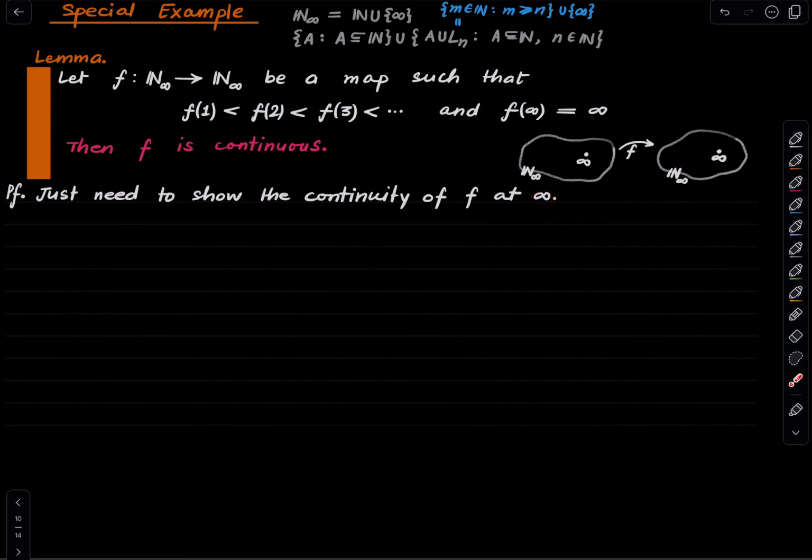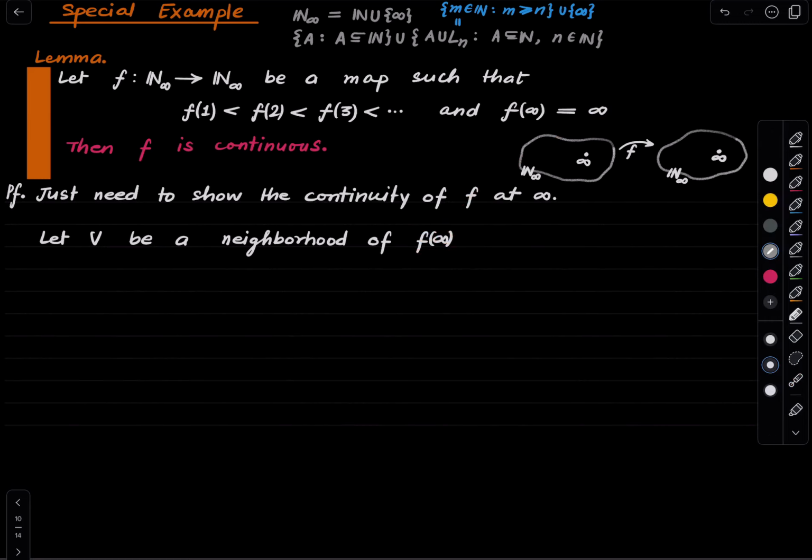Okay? So to do this, we will pick an arbitrary neighborhood of f of infinity. So let V be a neighborhood of f of infinity, but f of infinity is infinity. F of infinity is infinity, but I'll just write it still as f of infinity, just for clarity's sake. Let me draw it in the picture.